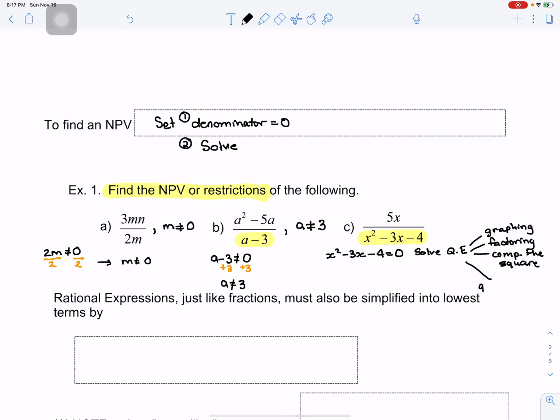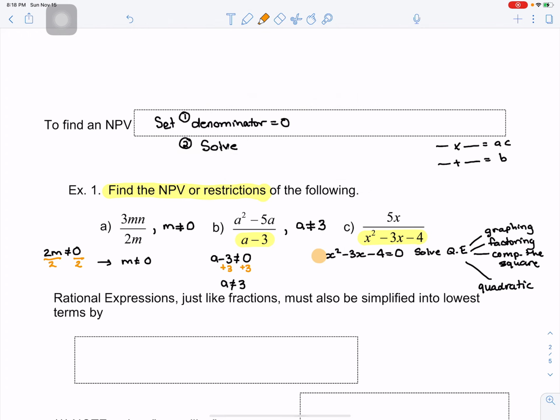So let's say for this example, we're going to use factoring just to review our factoring skills, because I know it's been a while. We need 2 numbers to multiply to our a times c value and 2 numbers to add to our b value.